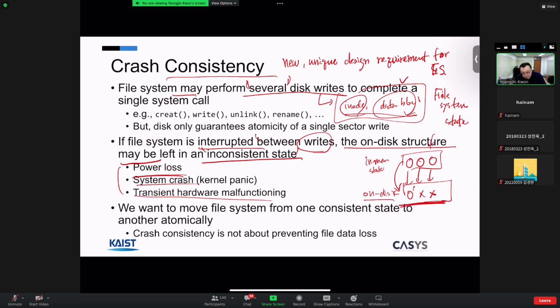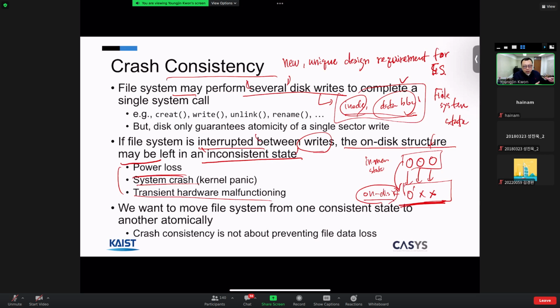Even so, disk state always has to be consistent. Here, consistent means that inode and data are metadata. Inode is metadata of data. So if the inode says 10 blocks, then 10 data blocks must exist. If the inode index pointers point to 10 valid blocks, then those 10 valid blocks have to exist.